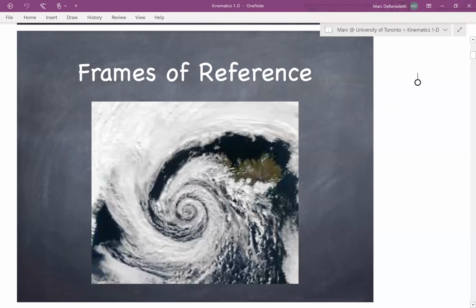So, at the moment, you're sitting in your room, I'm sitting in my room, we feel like we're stationary. So relative to my house, we're stationary, you're stationary relative to your house. But if you zoom out a little bit, we're all sitting on top of the planet, and the planet is moving. So if you have a different frame of reference, we're moving all of a sudden. So motion is definitely relative.